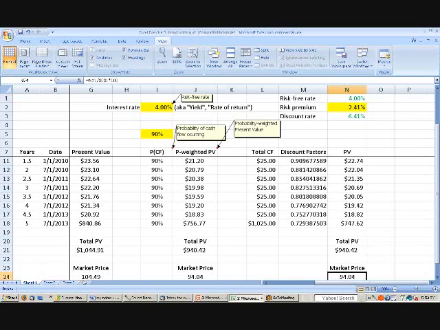We did it right here. We've got a market price of 94.04, which corresponds to a yield or a discount rate of 6.41. If we were to change the 6.41, that would change the market price. And if we change the market price, that would change the 6.41. So using a spreadsheet like this, they can say, okay, market price is 94.04. That corresponds to a yield of 6.41.